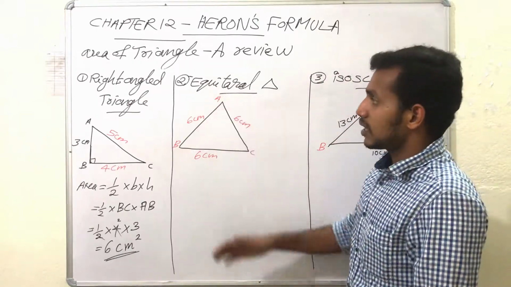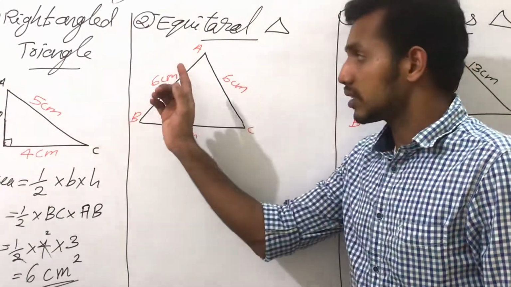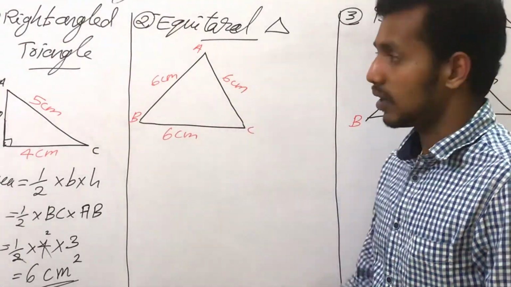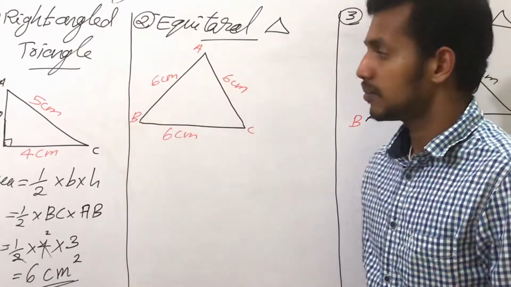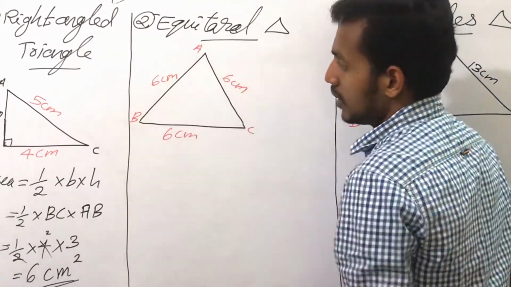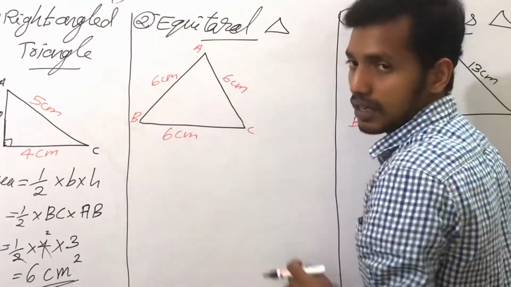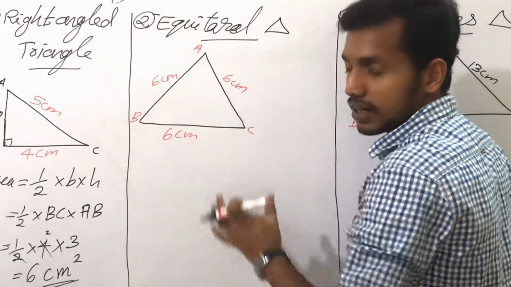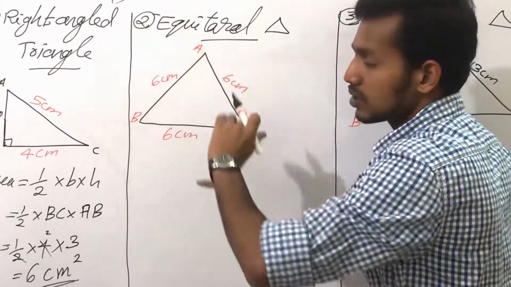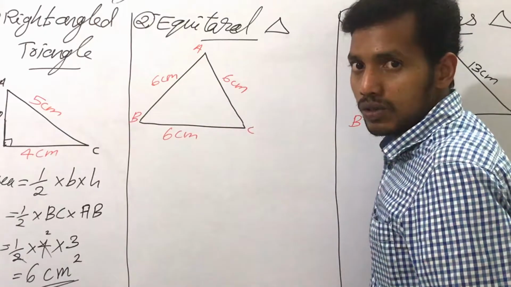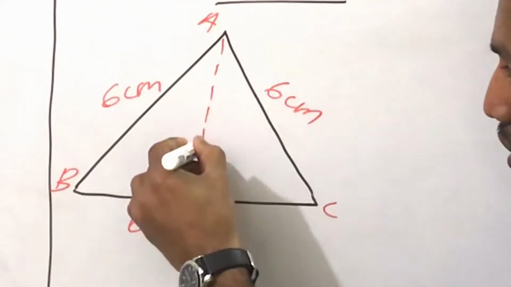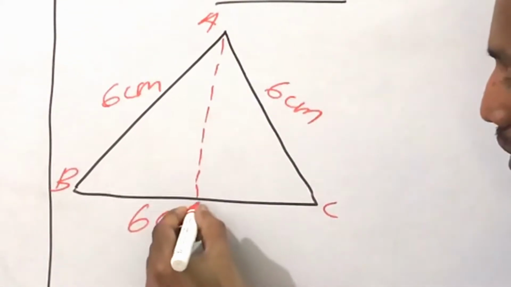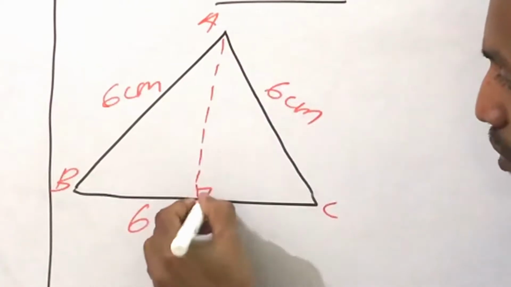And in case of equilateral triangle, with 3 sides given. Equilateral triangle means a triangle with all sides equal. So here only the sides are given. BC we can consider as base, but altitude is not given. So we can draw an altitude AD, which should be perpendicular.